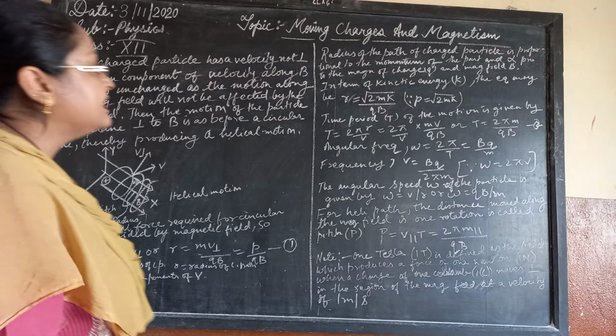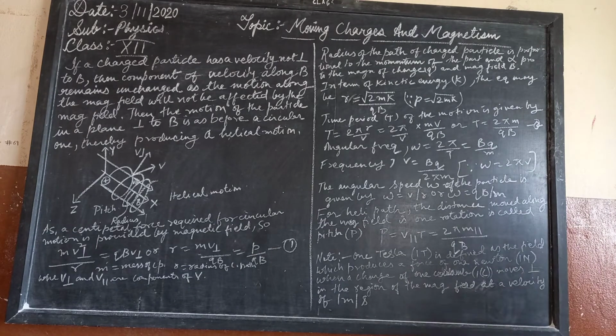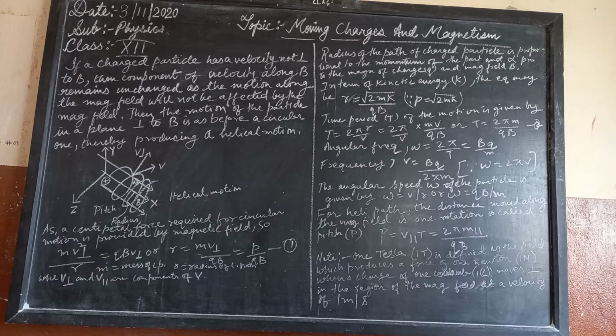Hence the radius of the path of the charged particle is proportional to the momentum of the particle, and inversely proportional to the charge q and the magnetic field B. In terms of the kinetic energy K, the equation may be given by r equals root over 2mK upon qB, where p equals root over 2mK.